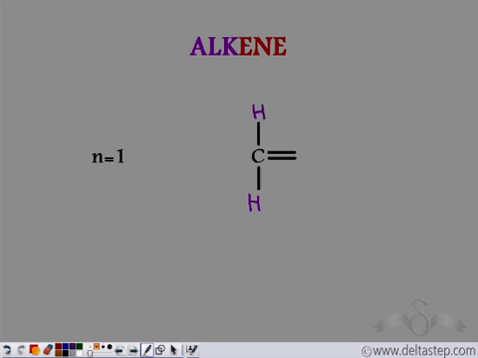Can it occupy this space? No, it cannot, because hydrogen can form only a single bond. Hydrogen cannot form a double bond. So when n is equal to 1, it does not form a valid alkene. For n equal to 1, we have no alkene.